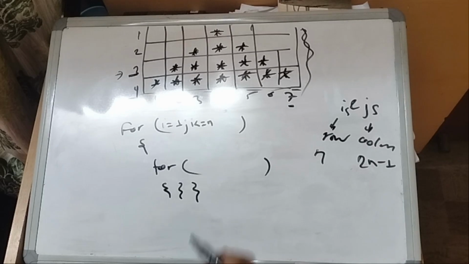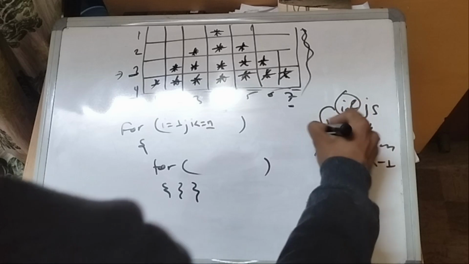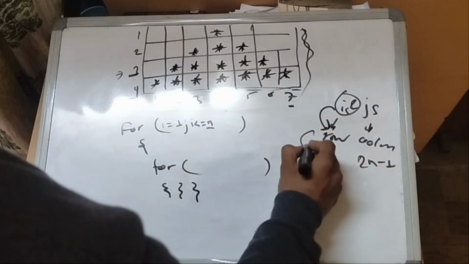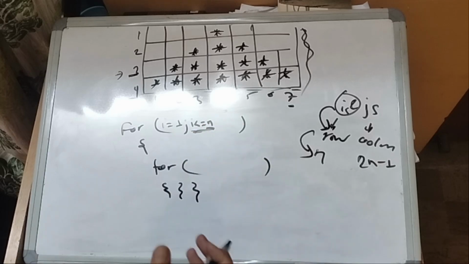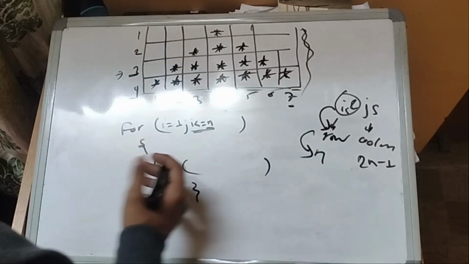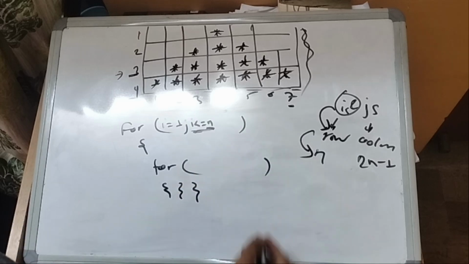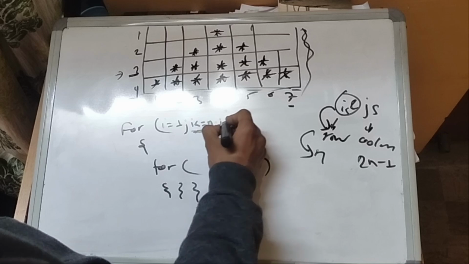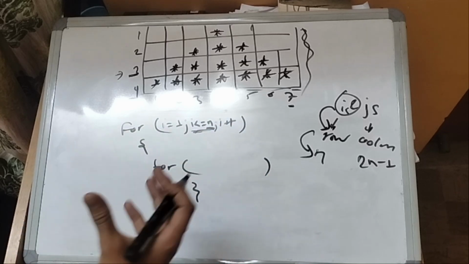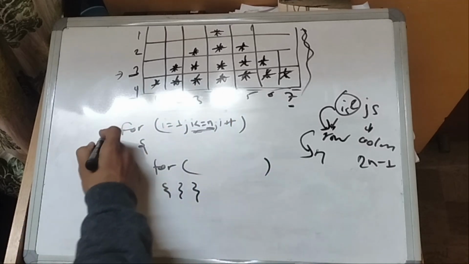So why am I writing n here? Because as I said, i is the row, and how many rows do we need? That is nth row. So until you reach n, you are going to loop it. Alright, so this is how the loop works, and we need to increment it by 1 at each step. So this is the for loop.